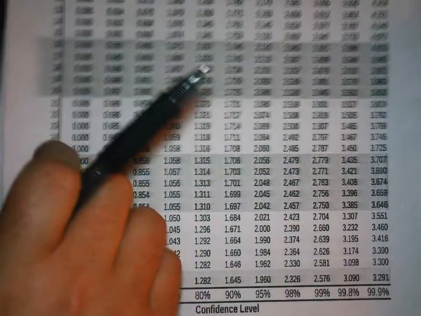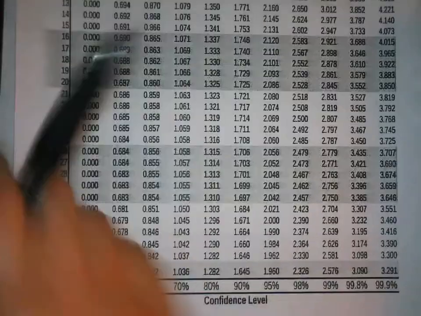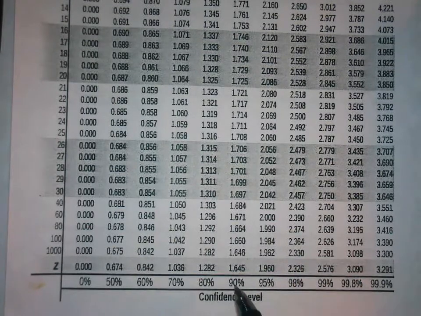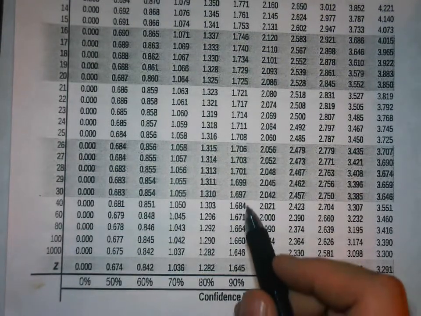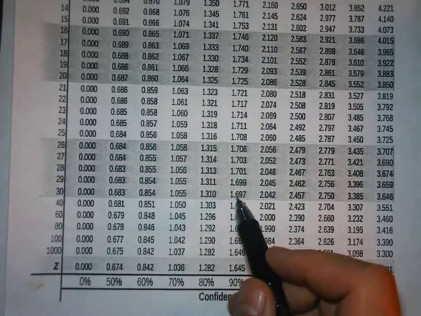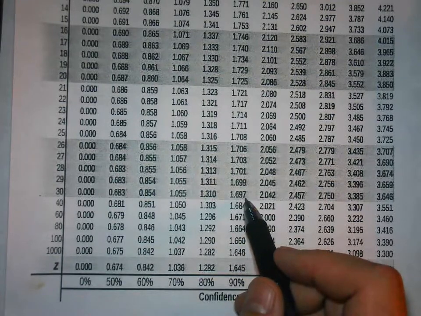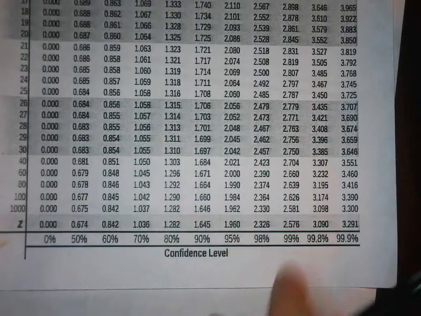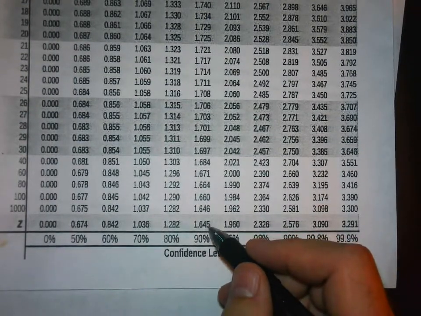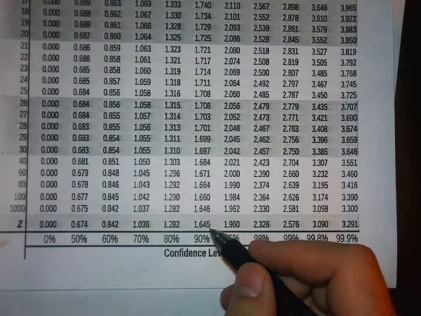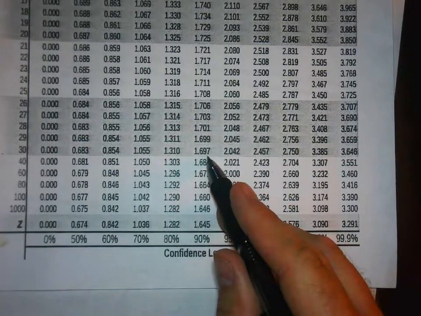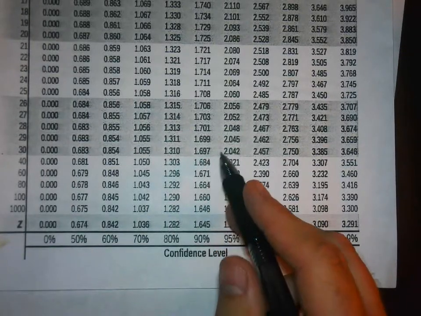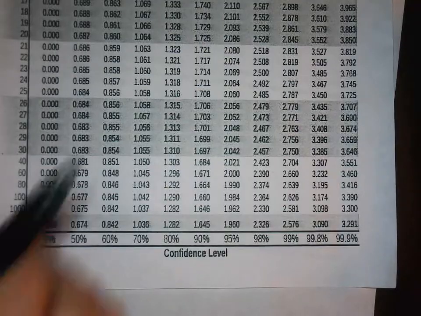Okay, so with a, was it 90? Yeah, 90% confidence level. So we have 90% here. We go up to 30 degrees of freedom, which is 1.697. Okay, so rather than using the z-score of 1.645, we're using 1.697. It's a little bit larger, which means you're going farther away from that center.